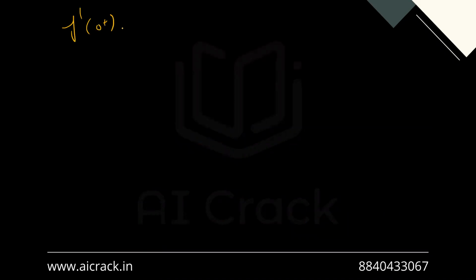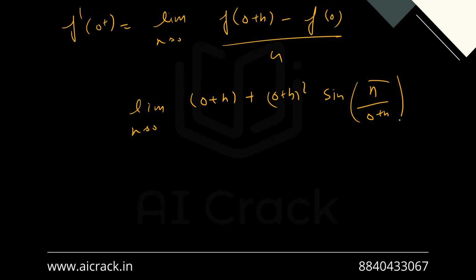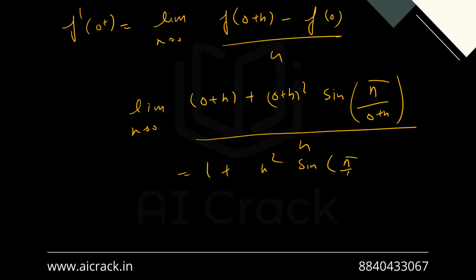So f'(0+) equals the limit as h approaches 0 of [f(0 + h) − f(0)] / h. So this becomes the limit as h approaches 0, f(0 + h) would be (0 + h) + (0 + h)² sin(π/(0 + h)), now divided by h. So this divided by this is 1, giving 1 + h² sin(π/h) divided by h.